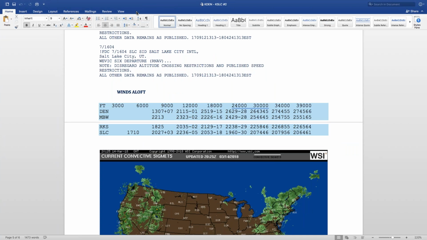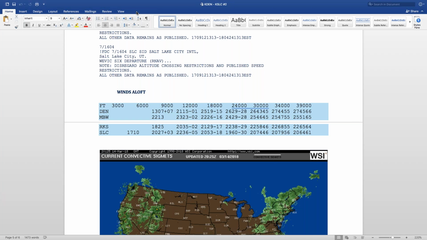Okay, so we need to figure out our winds aloft for our en route section. Figure out our average wind direction, temperature, all that, right? So we use the winds aloft chart. What did we decide were the 2 points we were going to take our measurements from, and at what altitude?